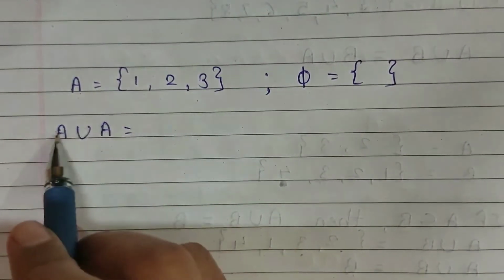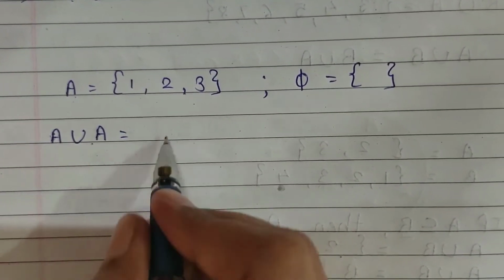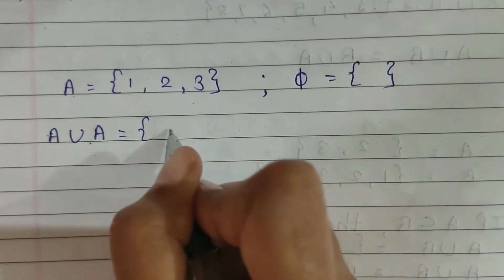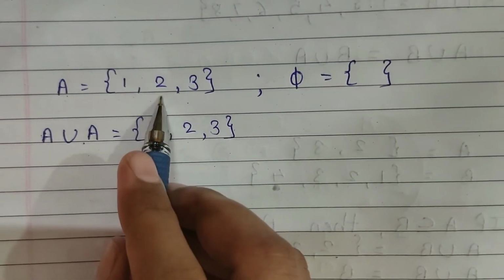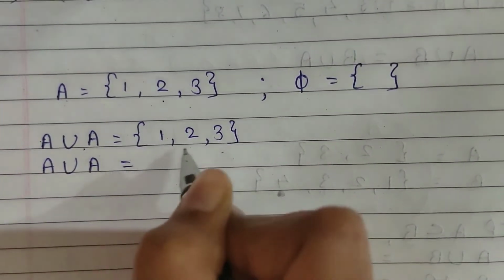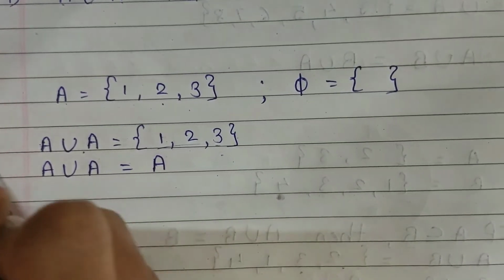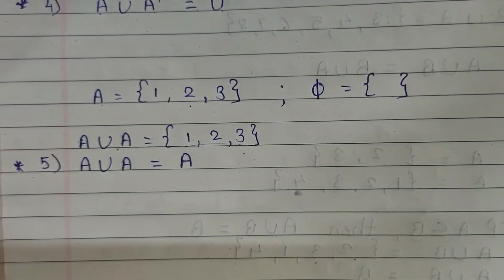When we find A union A, all elements of the same set are equal to all elements of that set only, which is nothing but A union A equals set A. That was our property number 5.